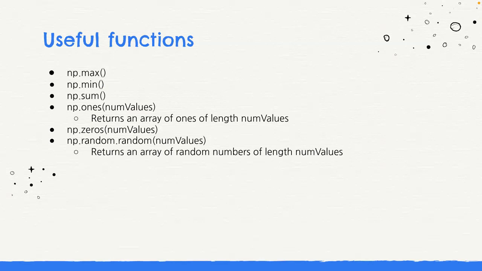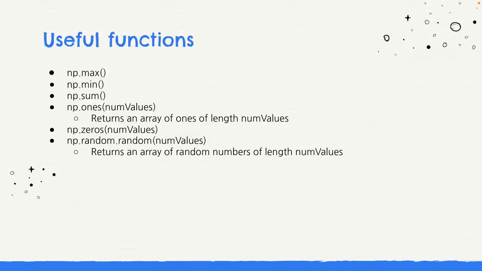These last 3 you will use a lot. np.ones gives you an array of ones with the length that you provide. So if I wanted an array of 1s with length 10, we do np.ones parentheses 10. Same thing for zeros. np.zeros, same idea, except it outputs an array of zeros.